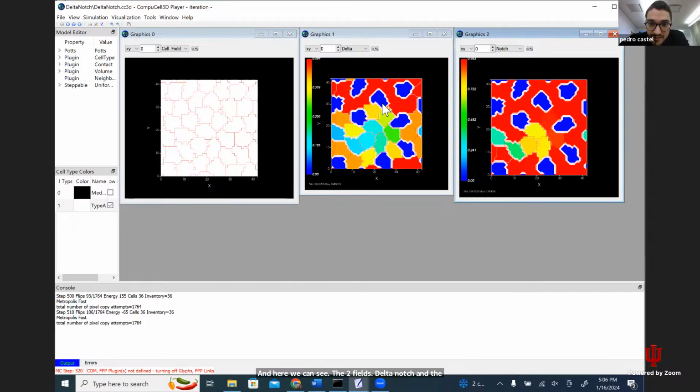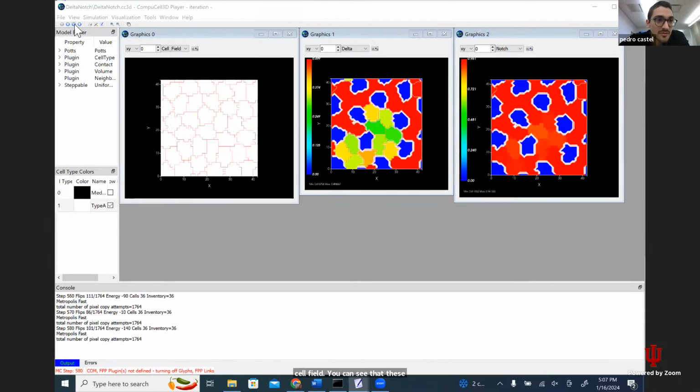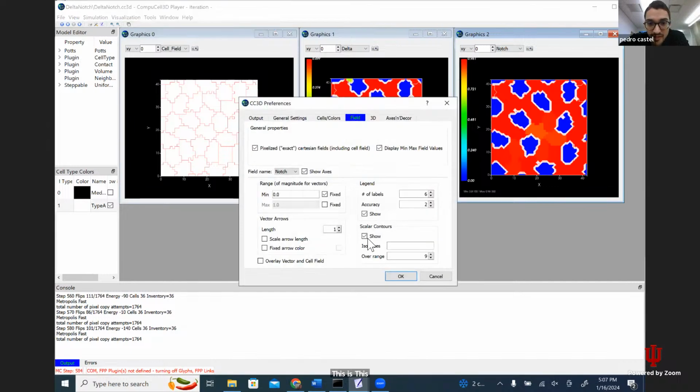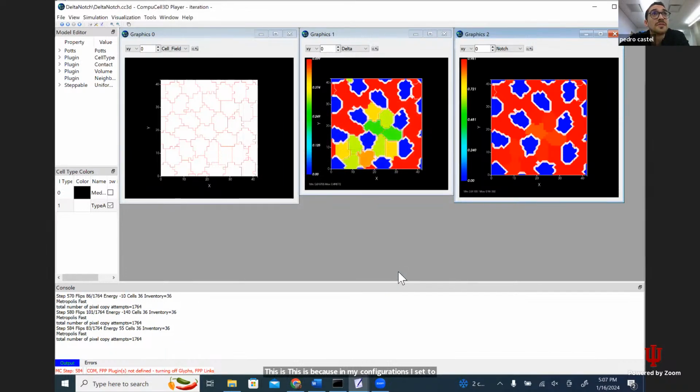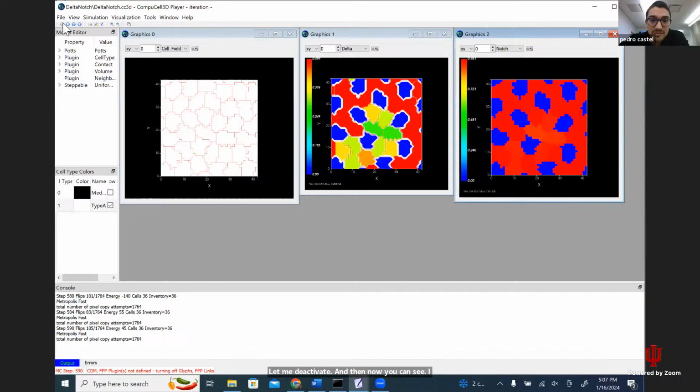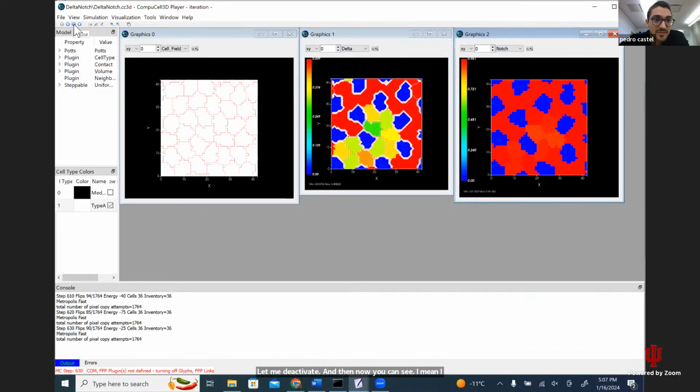You can see these white contours. This is because in my configurations, I set to show ISO values, which don't make sense here. Let me deactivate. And then now you can see, I think it only applies to one window.